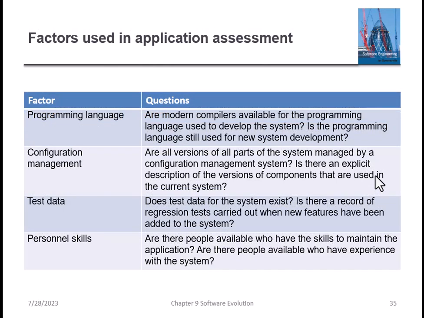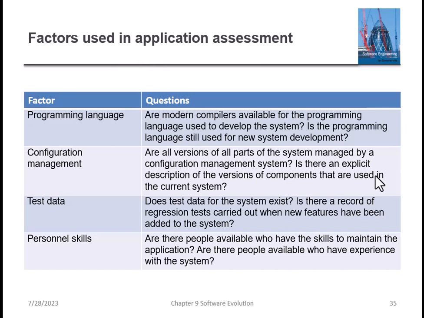Programming language. Are modern compilers available for the programming language used to develop the system? Is the programming language still used for new system development? In the market, new programming languages come day by day. So understanding the programming language matters, because we can only change the software if we understand the code and the development tool.